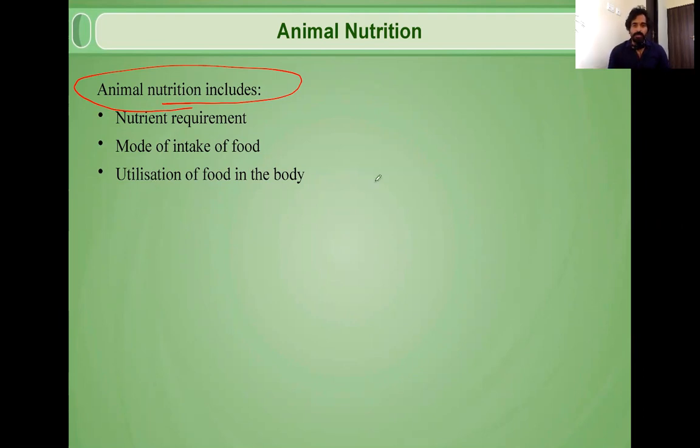So in plant nutrition, we talked about photosynthesis, right? We talked about photosynthesis and what is autotrophic, what is heterotrophic. We also talked about different modes of nutrition in plants. So in animal nutrition, first we should know why we need nutrition and what all we need to study.